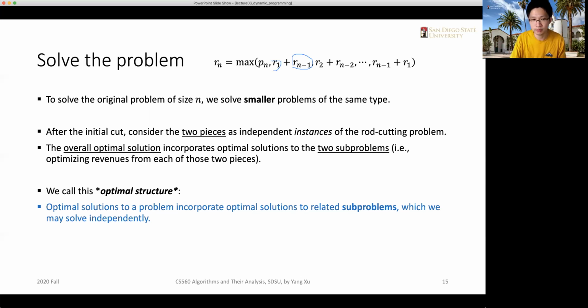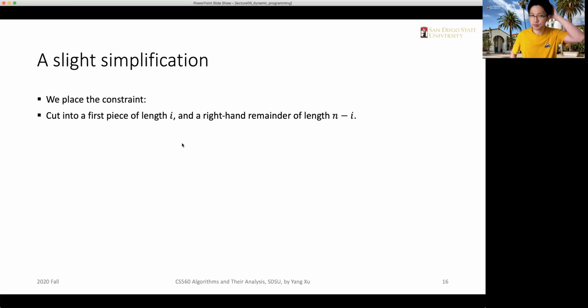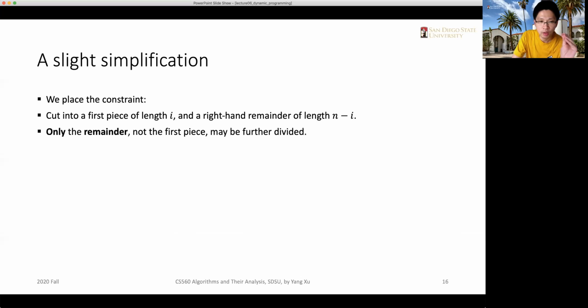We just have the idea that we can solve the original problem by solving the subproblems. Before we carry out this implementation, we can make a slight further simplification. We can place a constraint: after we cut the rod into length i on the left-hand side and the right-hand side remainder n minus i, only the remainder, but not the first piece, can be further divided.